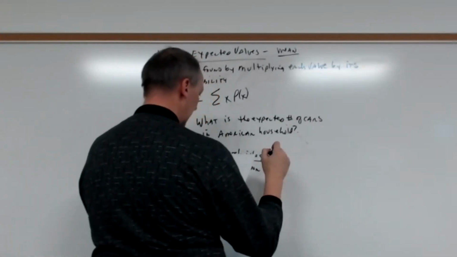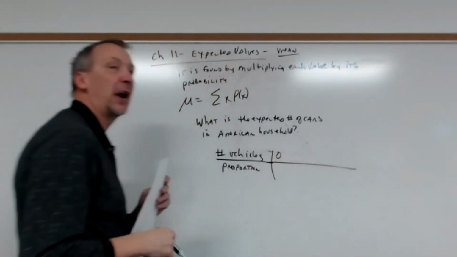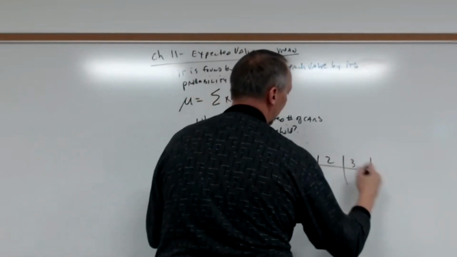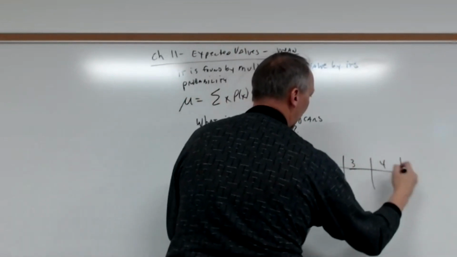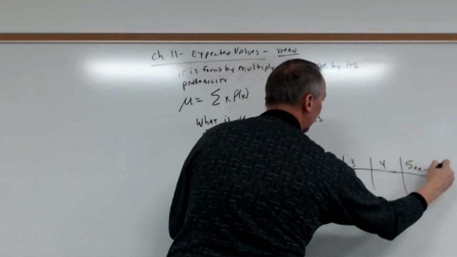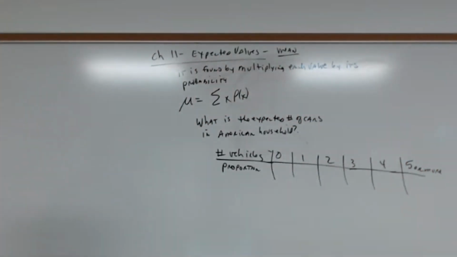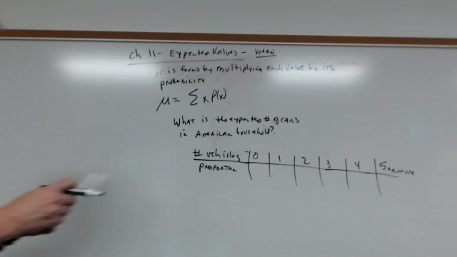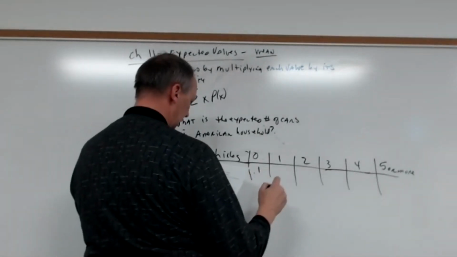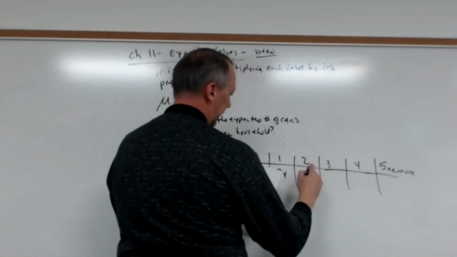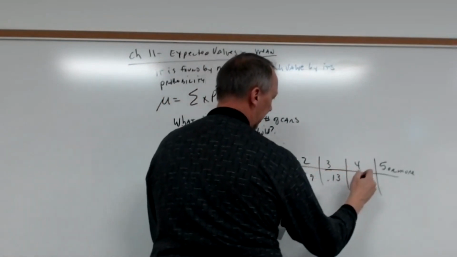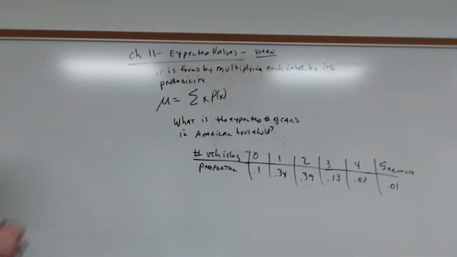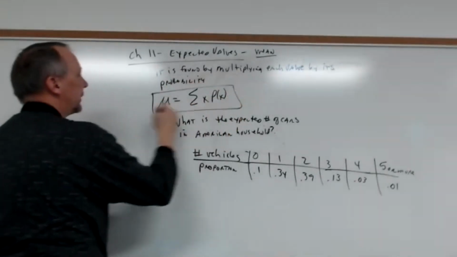These are the number of vehicles per household: 0, 1, 2, 3, 4, and 5 or more. That's for people who collect cars. From the Census Bureau, they tell you that these values are 0.1, 0.34, 0.39, 0.13, 0.03, and 0.01. All right, so this is the formula that I'm going to give to you guys.